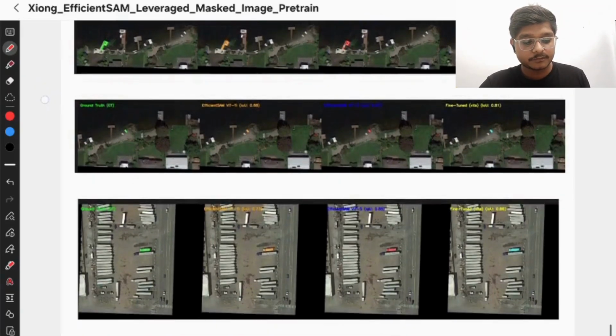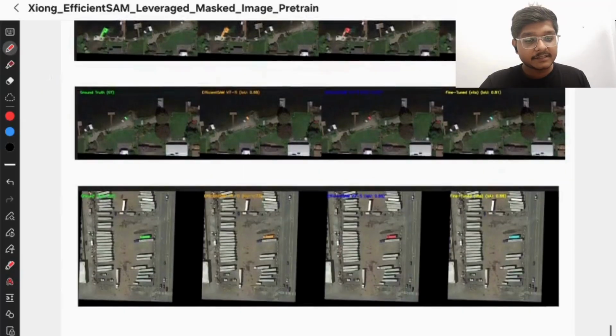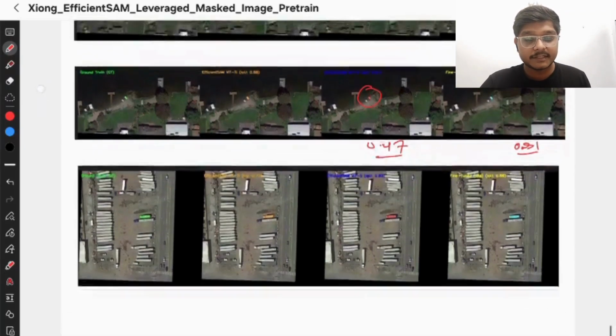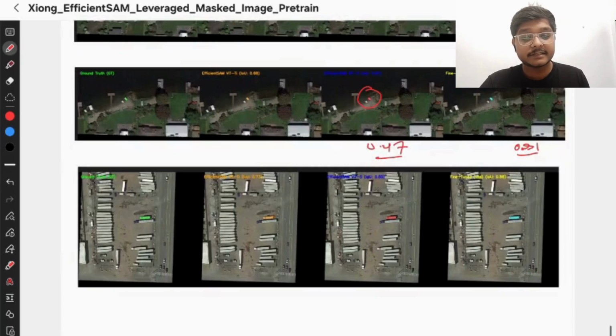And at last, when we see high density object detection, such as parking in industrial areas, the baseline ViT-S is respectable at 0.85 in detecting the dense objects, but ours has also pushed the IOU score to 0.86. So by fine-tuning Efficient SAM on the ISET dataset, we have moved from a generalized model to a specialist with domain-specific knowledge of satellite images.